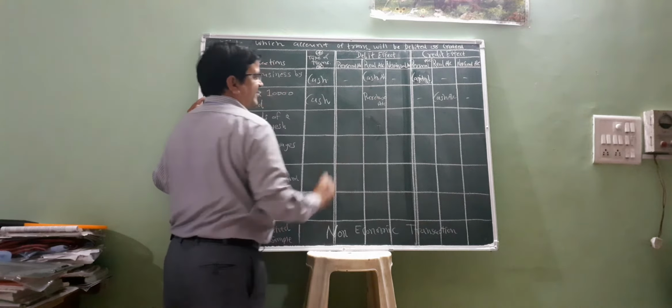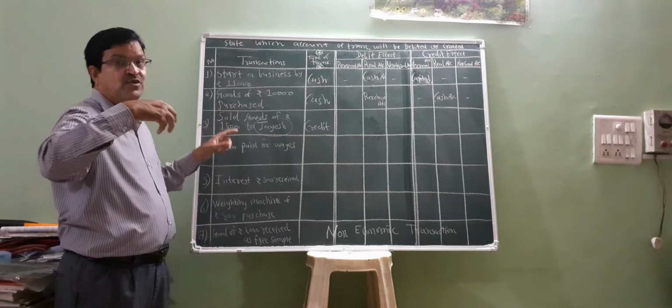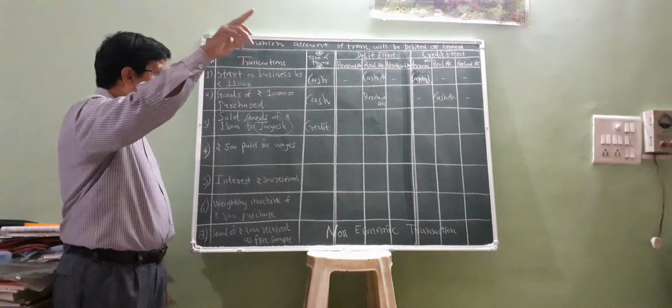Now third, sold goods of rupees 18,000 to Jayesh. Now a person name is given, friends, so it is a credit transaction. One account is Jayesh account. You have sold the goods, so Jayesh is the receiver.